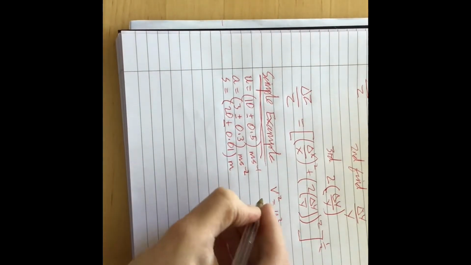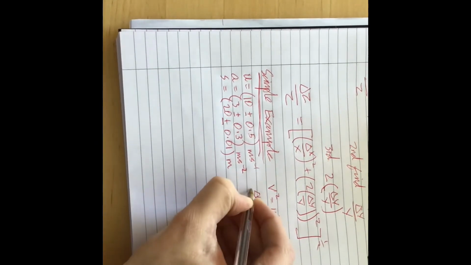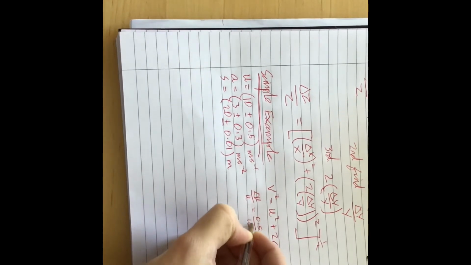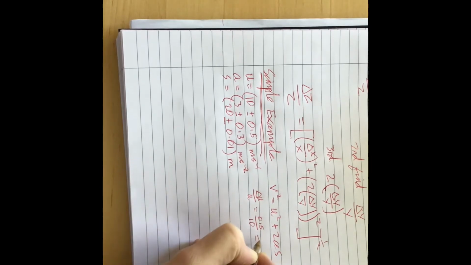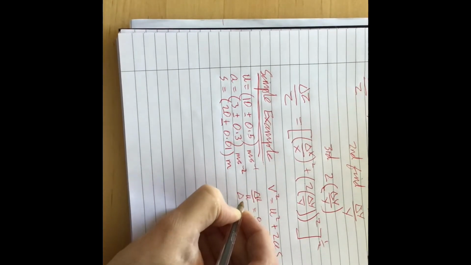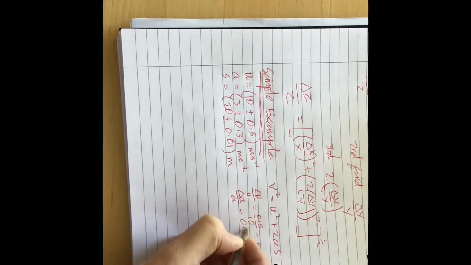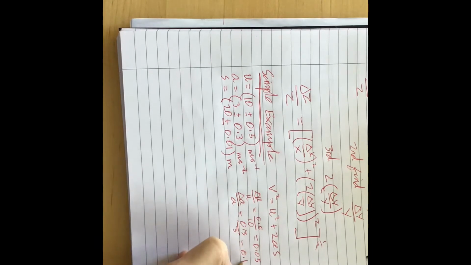So first thing we do is get our delta u over u, which is 0.5 over 10, which is 0.05. Our delta a over a is 0.3 over 3, so that's 0.1.